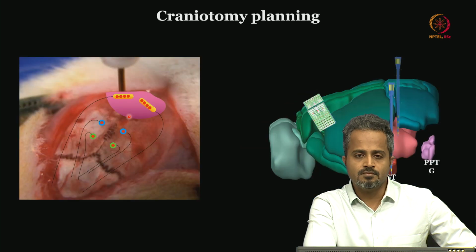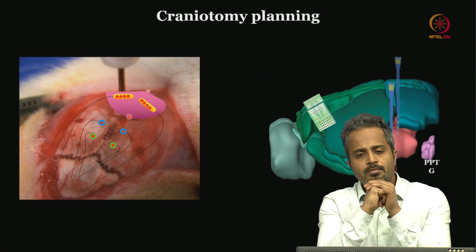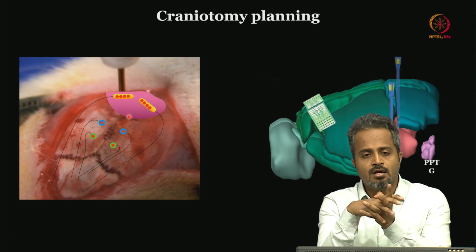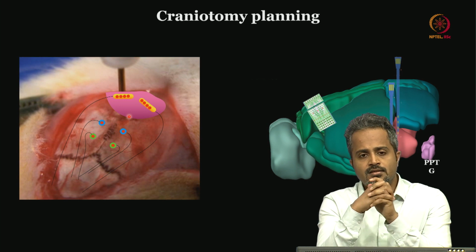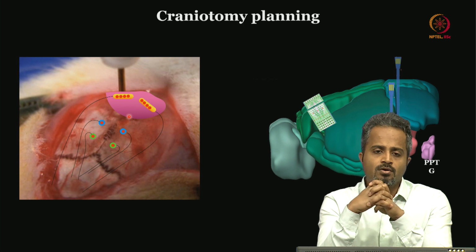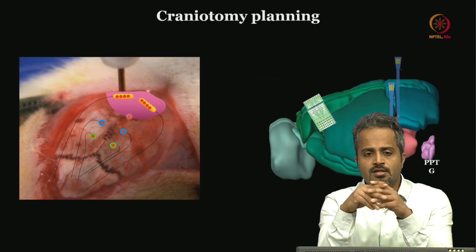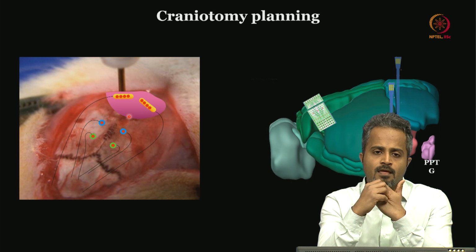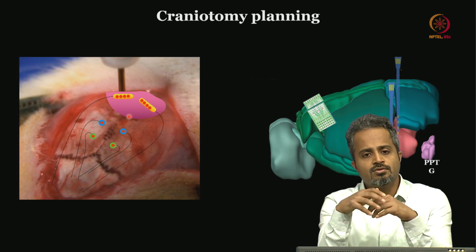There may be instances where you may be using both surface electrodes and depth electrodes. When you're using both types of electrodes simultaneously, it's very important that you have a very wide exposure of the skull, because the number of ground and reference electrodes is going to go up, and of course the area available for anchoring screws is also less.